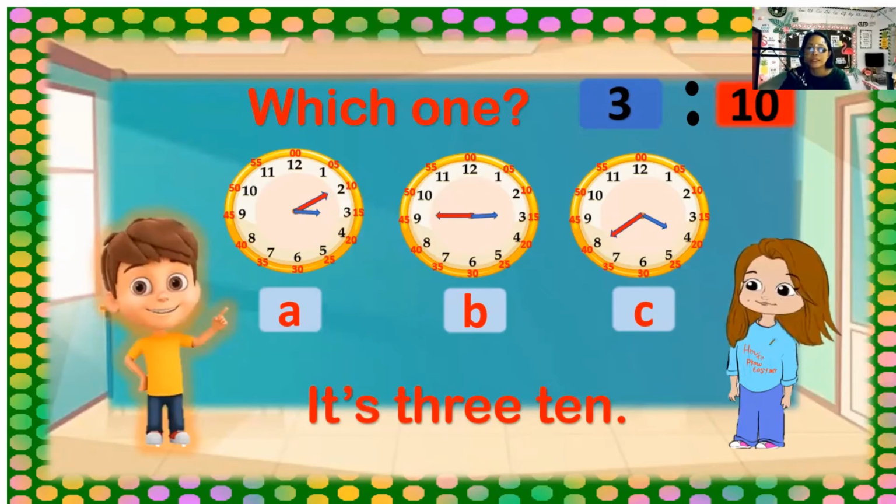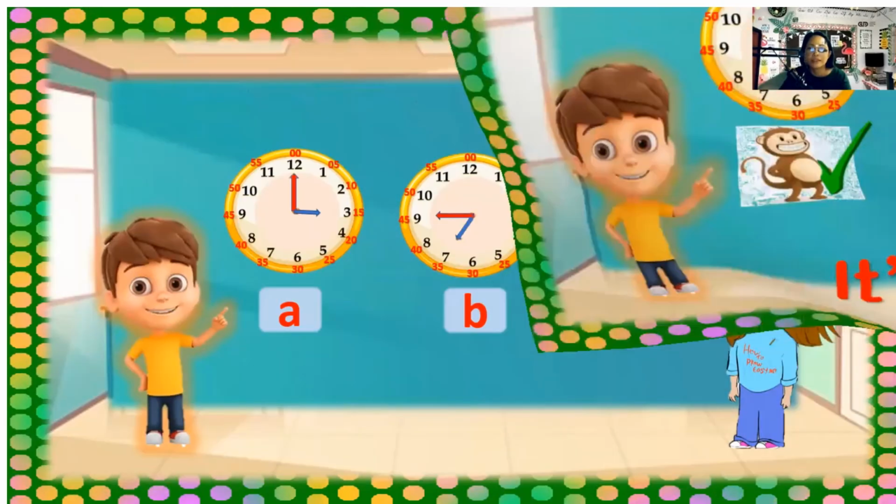For 3:10, A and B, the short hand is pointing to 3, while C is pointing to 4. So what clock says it's 3:10? Okay, good job. It's letter A. Well done for that.